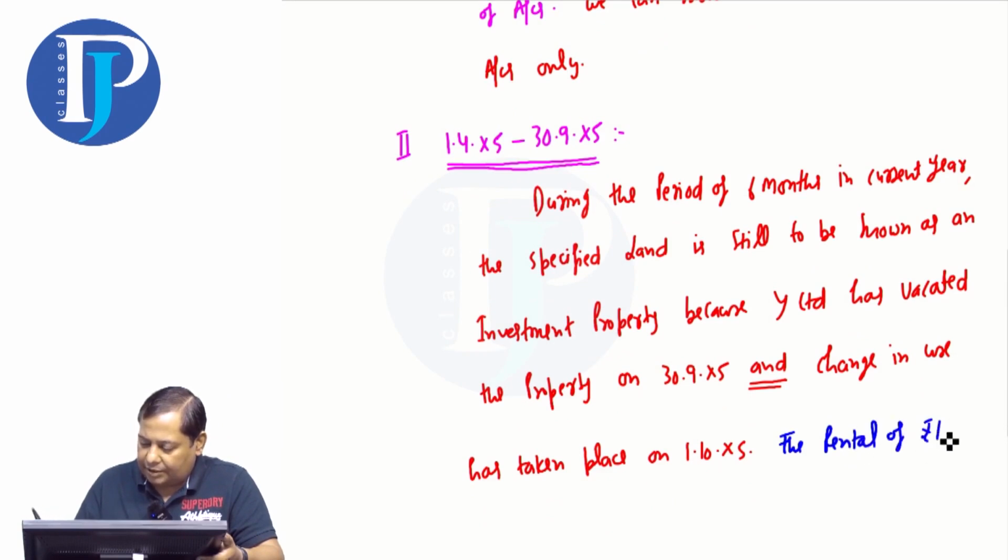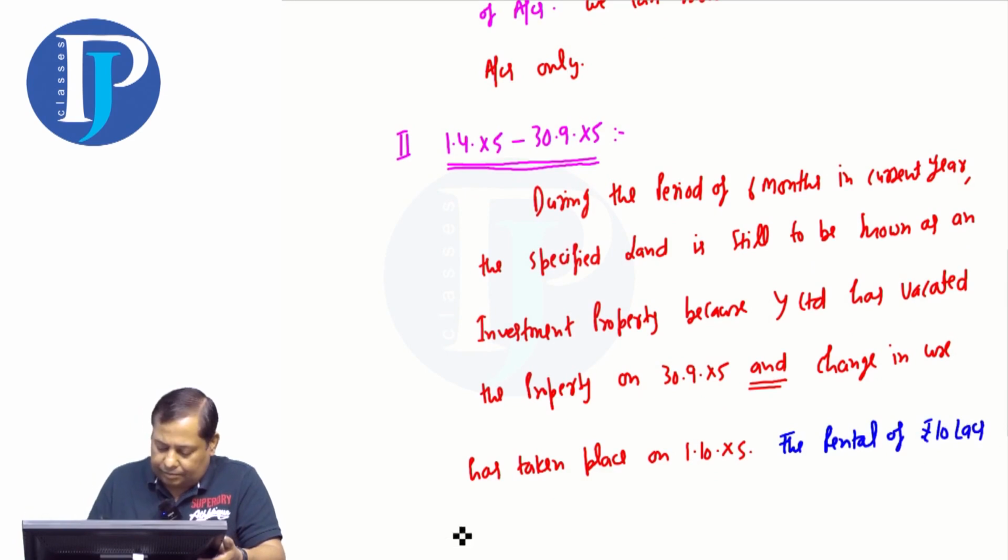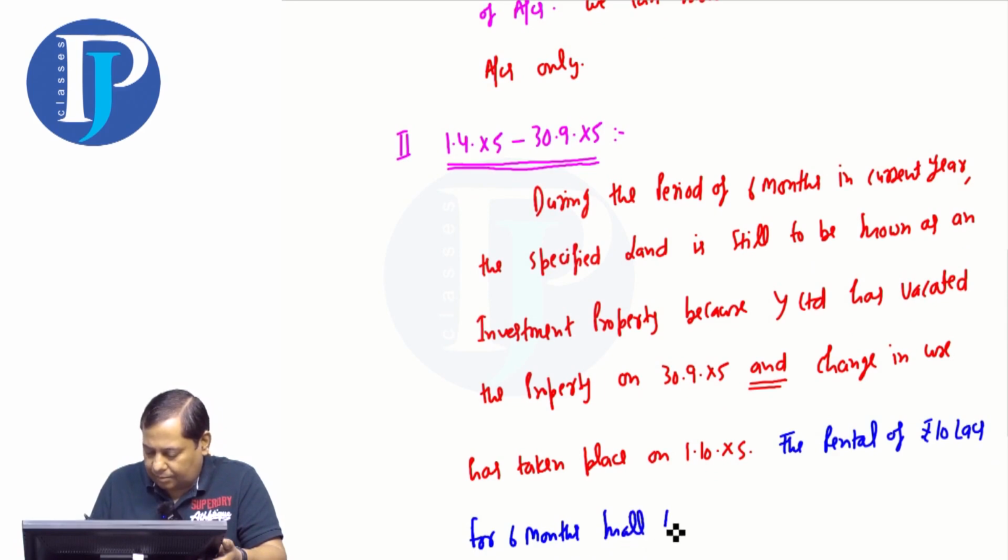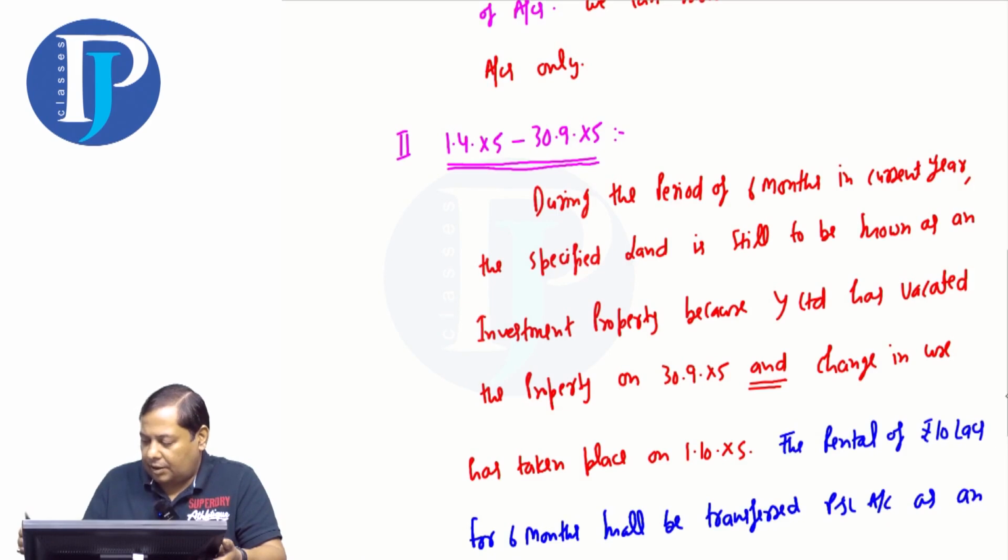The rental of rupees 10 lakhs for 6 months shall be transferred to profit and loss account as an income.